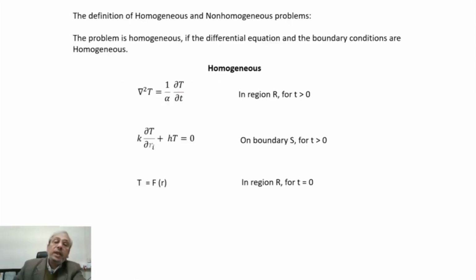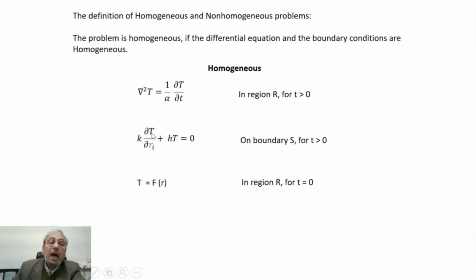So for a homogeneous problem, we can write ∂²T/∂x² plus ∂²T/∂y², that means basically Laplacian T equal to 1 by α ∂T/∂t. So this is the unsteady state heat conduction equation in the region R for t greater than 0.